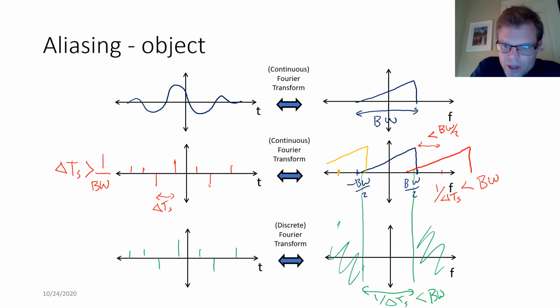So in the center here, we're going to get our original object reproduced, but at the edge, we're going to have what was our original object plus this red portion here that wrapped around.